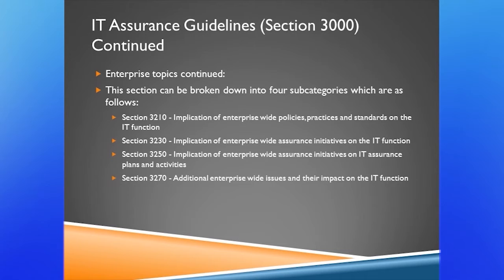One of them is subcategory 3210, which is the implication of enterprise-wide policies, practices, and standards on the IT function. 3230 deals with guidelines for the implication of enterprise-wide assurance initiatives on the IT function. Section 3250 would talk about the implication of enterprise-wide assurance initiatives on IT assurance plans and activities. And the last subcategory, 3270, talks about additional enterprise-wide issues and their impact on the IT function.